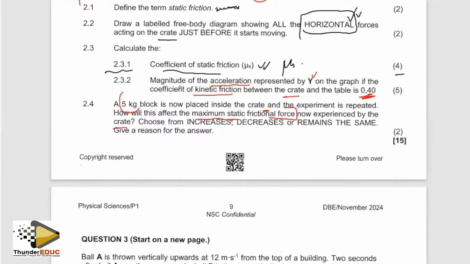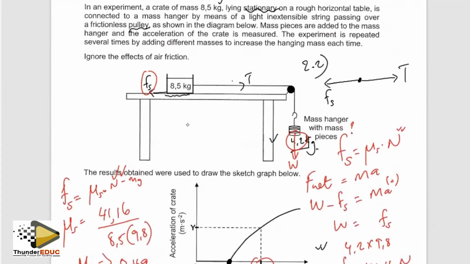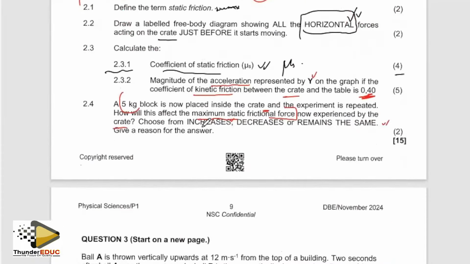We need to choose increase, decrease, or remains the same. Now if there's a 5 kg that is added, we're going to have 8.5 plus 5, which is now 13.5. So if that happens, you need quite a lot of force to move it. In other words, the static friction force is going to increase. It's going to be harder to move that block.